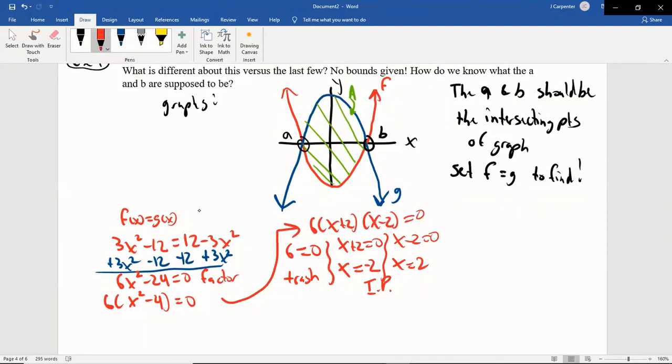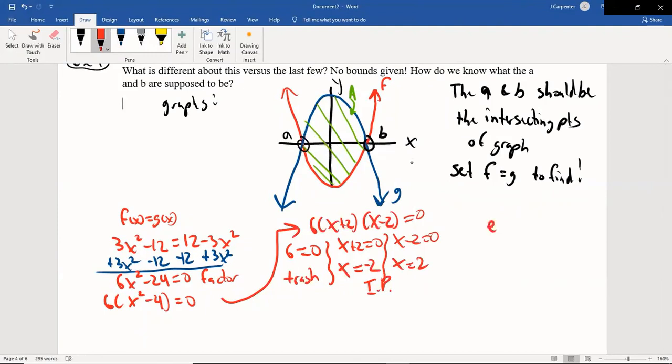Now, we have already seen the graph. We have seen that the g of x is higher than the f of x. But let's just prove that anyways. Now, you can't do the a and the b this time because they're going to match. F of a is 0. G of a is 0. F of b is 0. G of b is 0. At the intersecting points, they match.